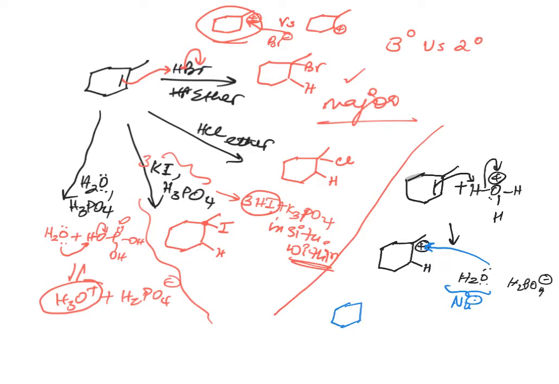You would end up getting OH2 plus, and H2PO4 negative can pick up the proton again, and notice how your HOH from water has added across the double bond, specifically through that tertiary carbocation.